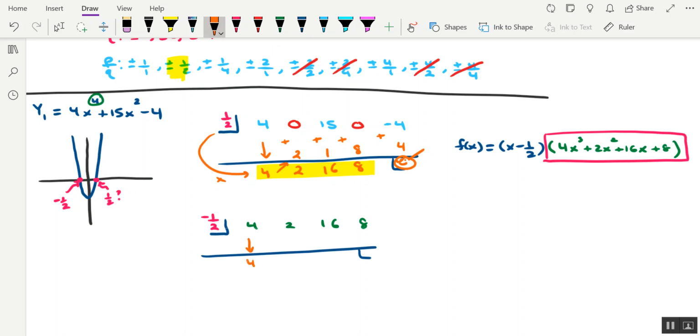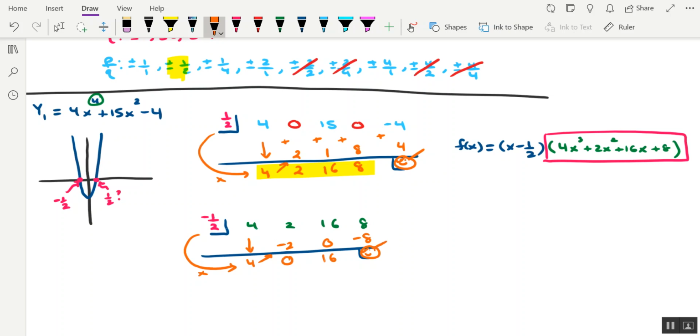So let's do that. -1/2 of 4 is -2. Adding these down, we get 0. -1/2 times 0 is 0. 16 and 0 gives us 16, and then -1/2 of 16 is -8. And by golly, again, we get a remainder of 0.